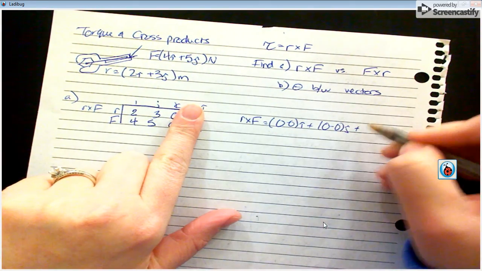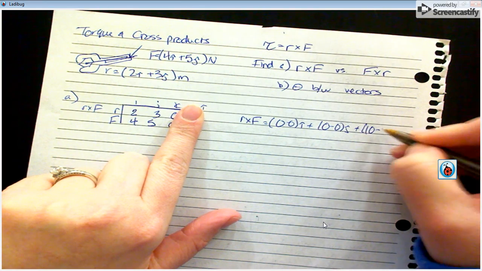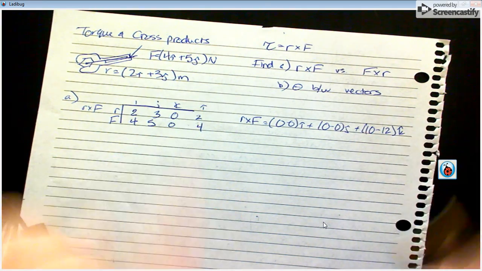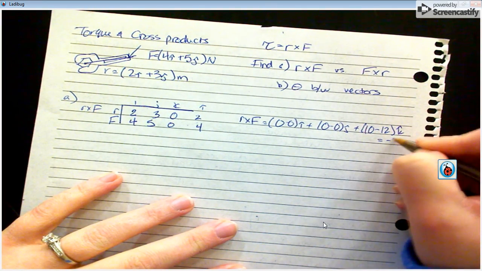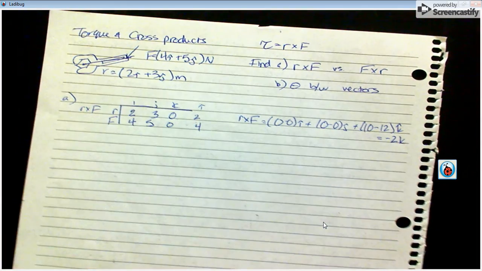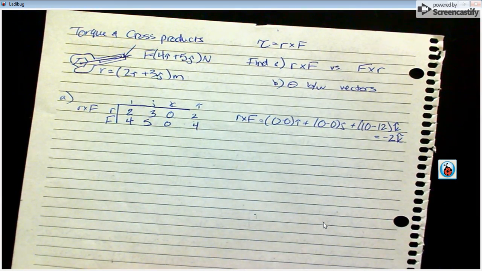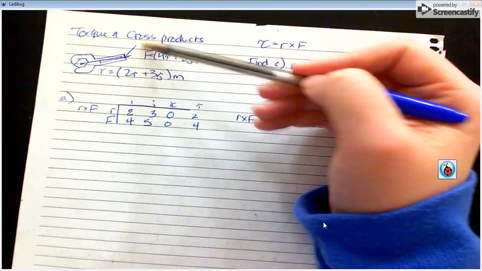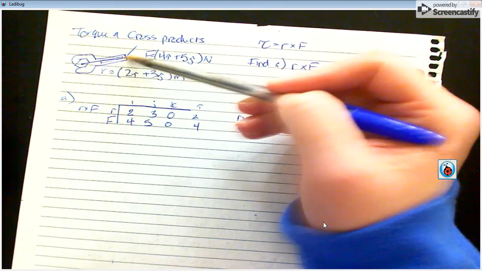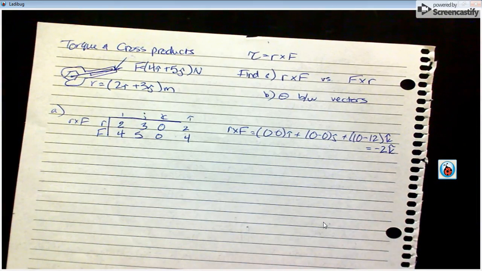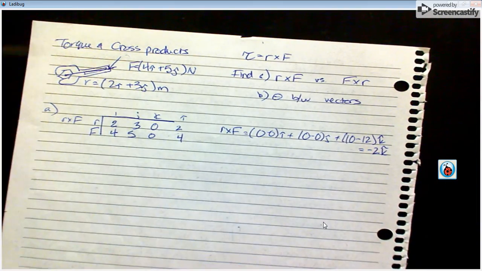So 2 times 5 minus 12 K hat. So our resultant vector is negative 2 K hat. That is the torque. Which, if you think about it, if our force is this way, radius this way, perpendicular to both of those, again, is in or out of the page.